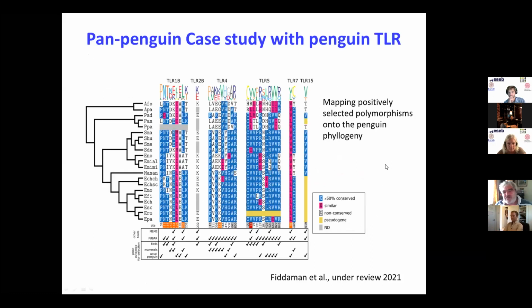If we take those selected polymorphisms and map them against a phylogeny of penguins, what we can see is that the polymorphisms in different toll-like receptors can be tracked back to particular groups of penguins. For example, with TLR5, there are different types of sequences that are more associated with different groups of penguins in their phylogeny.